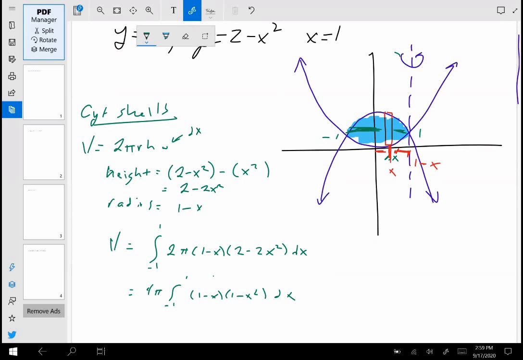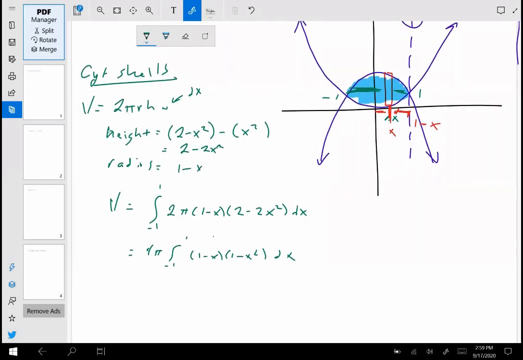Now, just simplifying things before I worry about derivatives, before I worry about integrals. Always simplify stuff first if you can. It just tends to make the integration easier. I went ahead and factored out a 2 out of that second factor and brought it outside of the integral sign.